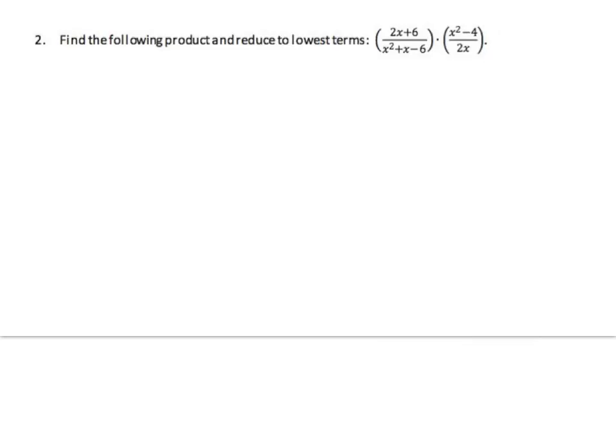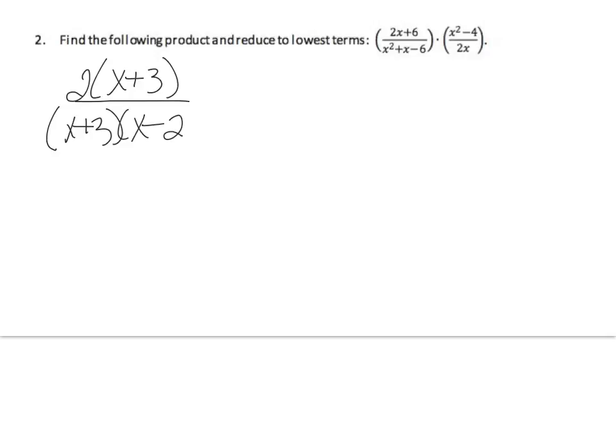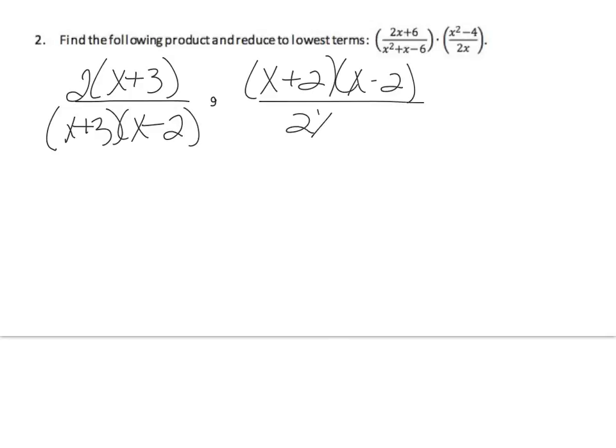Okay, another one. Find the following product and reduce to lowest terms. I'm going to go ahead and factor the numerator and the denominator. I have 2x plus 3 in the numerator over, factors into two binomials, x plus 3, x minus 2, sorry, times, I have a difference of two squares, over 2x.